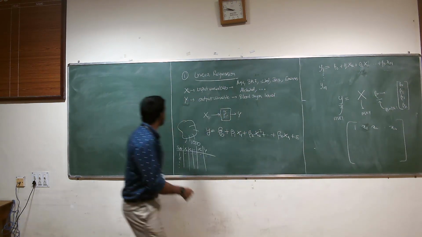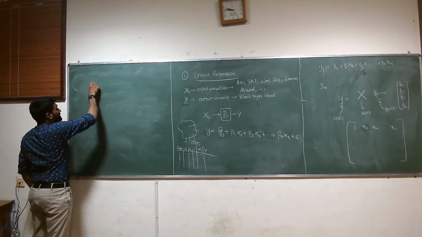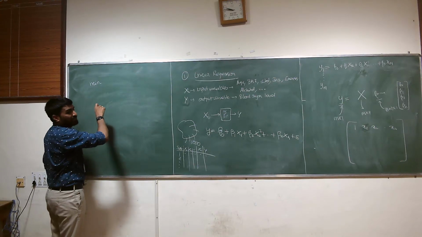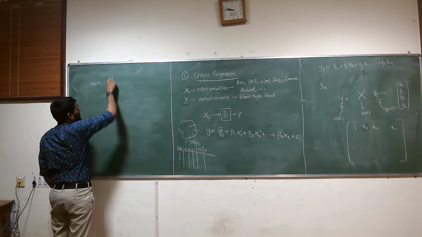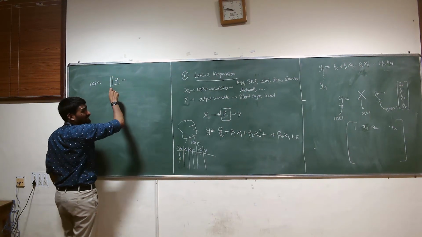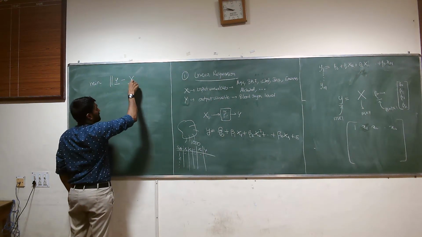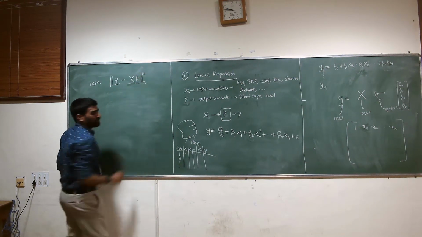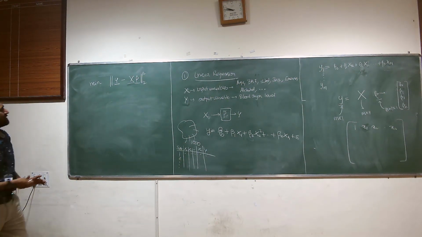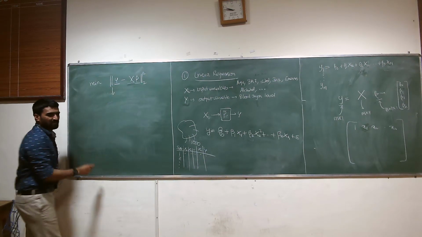So essentially I'm saying I want to minimize y minus X beta. And let's say for now we are going to minimize the squared norm. And what is the solution to this? We've seen this before.